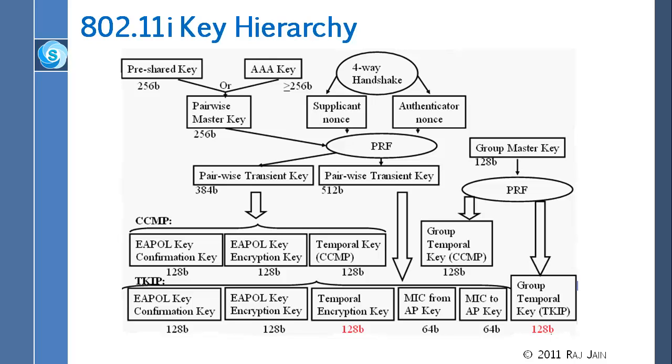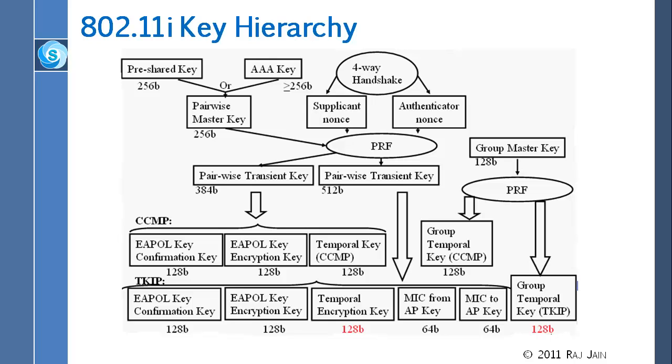They are used during that negotiation: there is a key confirmation and a key encryption. So what happens is that you send the temporal key, the key that we are going to use, what we call the session key, and you encrypt it in this EAPOL key encryption key.